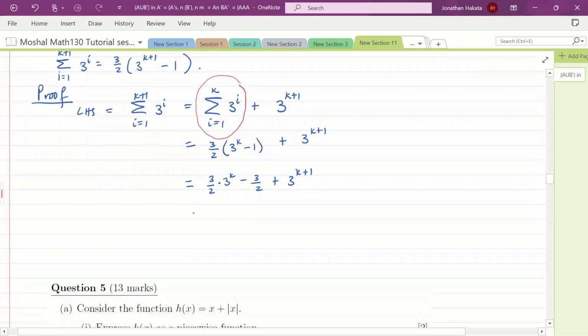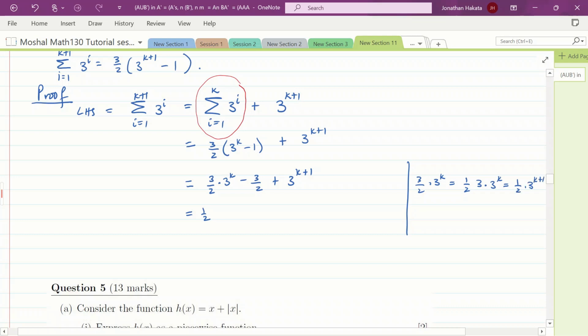Now if I group these things together, you will agree with me that if I factor out a half for the first part, there will be 3 times 3 to the k. So what am I saying? I'm saying 3 over 2 times 3 to the k is just the same as a half times 3 times 3 to the k, which is just a half times 3 to the power of k plus 1.